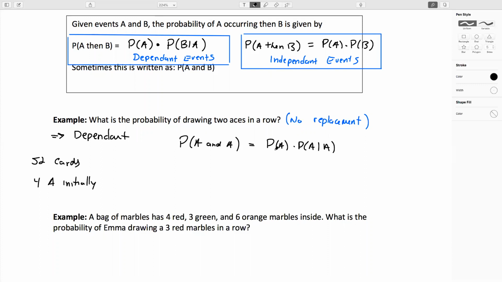Probability that we got our first ace is just 4 over 52. However, once we draw an ace, we now have 51 cards and 3 aces, so the probability of ace given ace is now 3 over 51. This works out to about 0.45%.